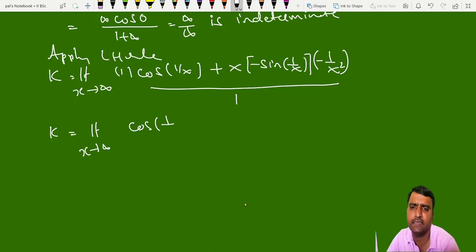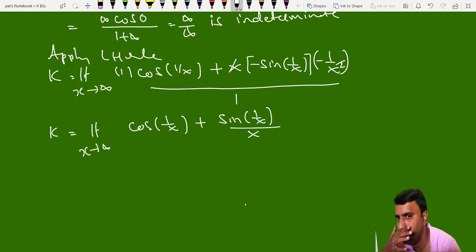cos of 1 by x, minus of minus plus, 1 of this x cancels, okay, it is sin of 1 by x divided by x.